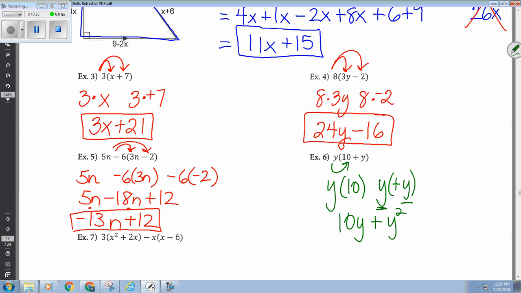Multiplying, you can change the exponent as long as both of the variables are the same. So that's 10y plus y squared, and that becomes your final answer because those can't be put together. They both have the same variable, but they don't have the same exponent, so you cannot put them together.